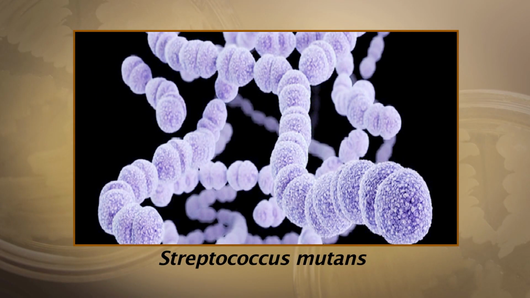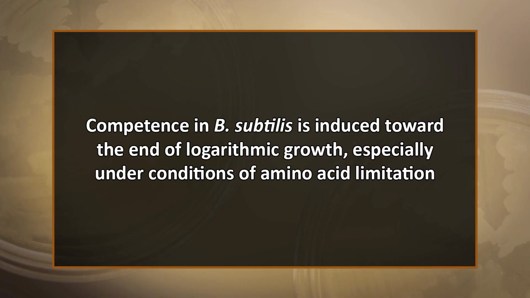Transformation in Streptococcus mutans as well as in many other streptococci occurs at high cell density and is associated with biofilm formation. Competence in Bacillus subtilis is induced towards the end of logarithmic growth, especially under conditions of amino acid limitation. By releasing intact host and plasmid DNA, certain bacteriophages are thought to contribute to transformation.